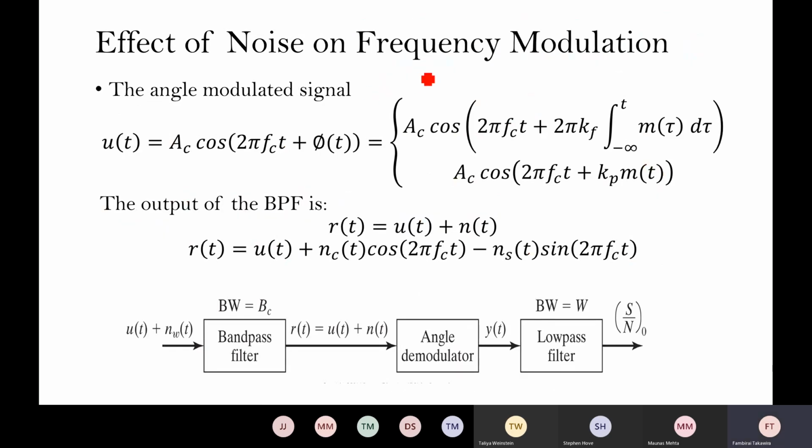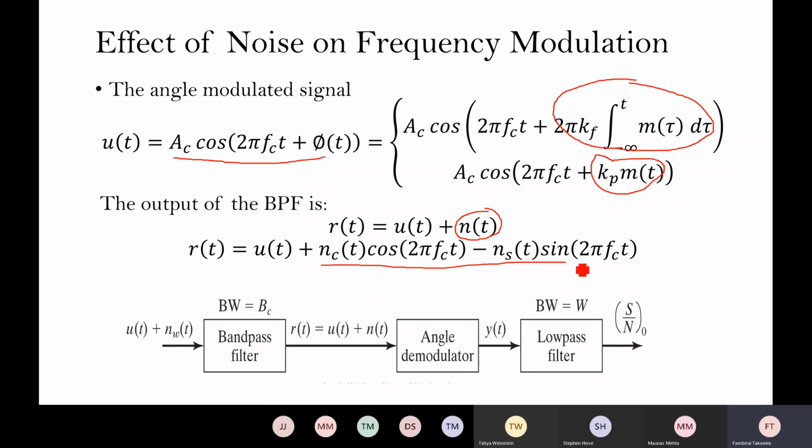Looking at it again in terms of the equation, our U of T is given by this general expression, where the phi of T is obtained through an integral in the case of frequency modulation, and in the case of phase modulation, the phase phi is directly proportional to M of T. Now, the effect of noise, this N of T, can be written using its narrowband representation.